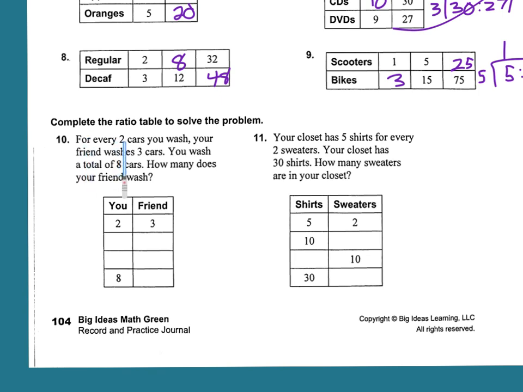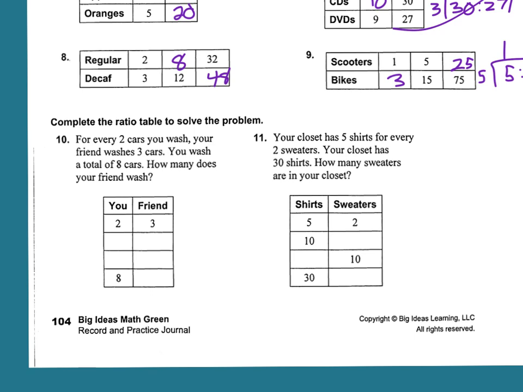It says, for every 2 cars you wash, your friend washes 3 cars. You wash a total of 8 cars. How many does your friend wash? Okay, so you can look at this however you want to. We know that you did 2, your friend did 3. And you know that if you do 8, how many does your friend do?